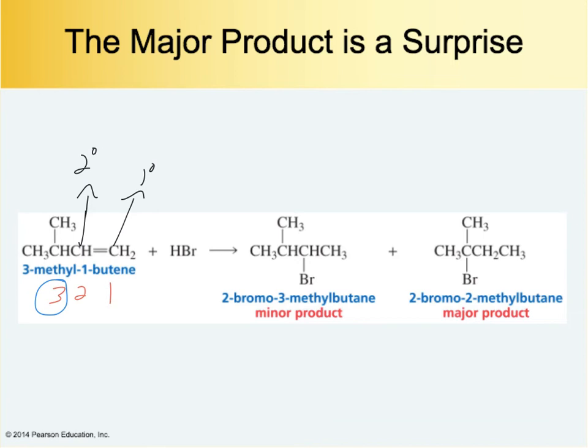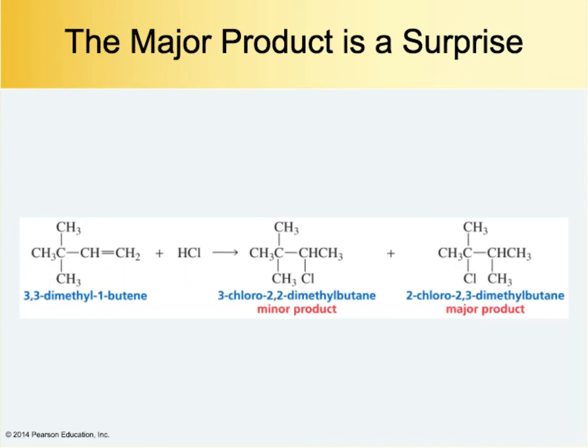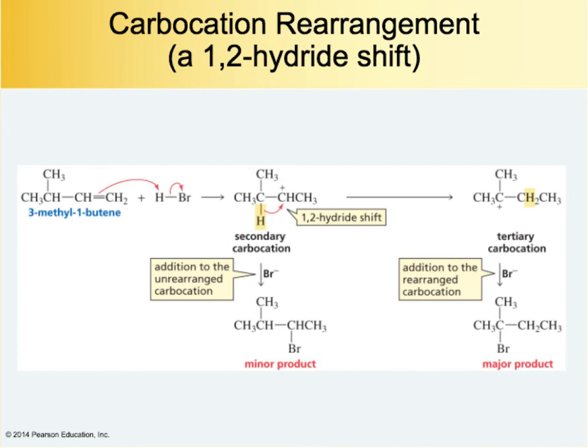And the one thing that happens is, there's another couple more examples. Again, we could have a primary or a secondary, but all of a sudden it ends up on the carbon over here. So what's going on is a hydride shift in some of these. When you form a carbocation, it will try to make itself more stable.